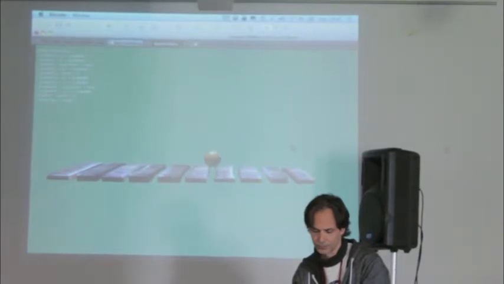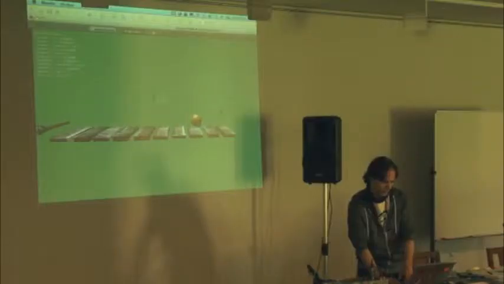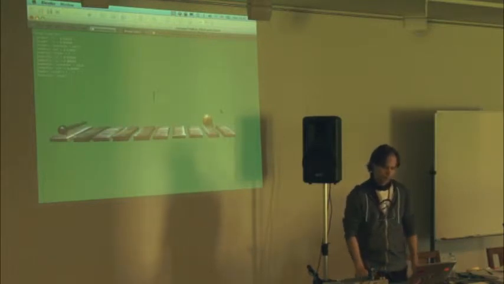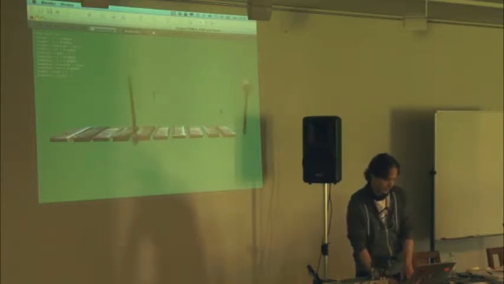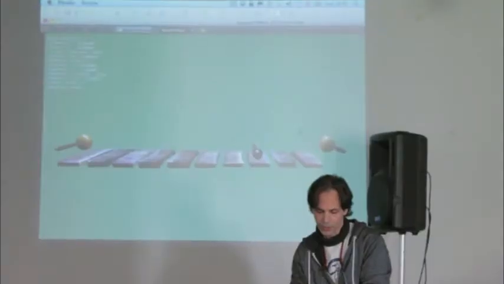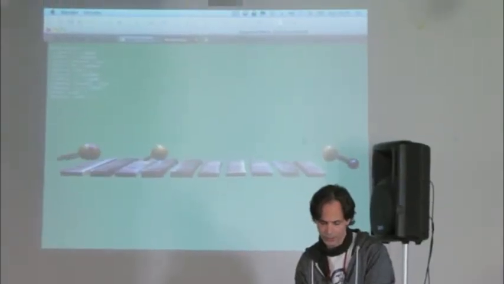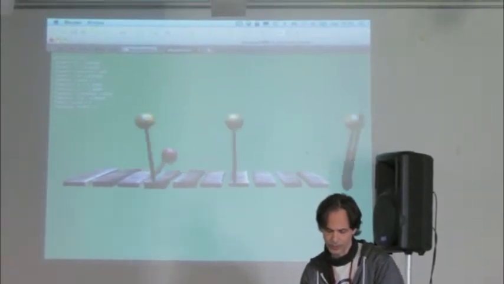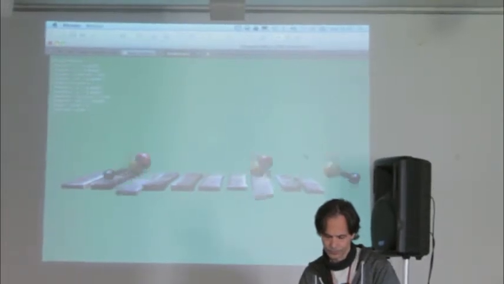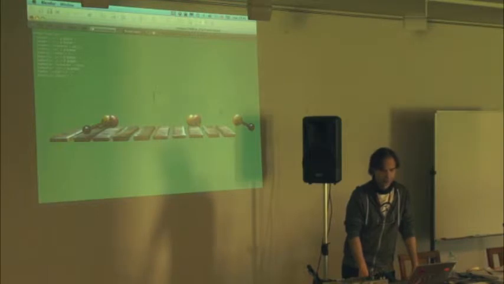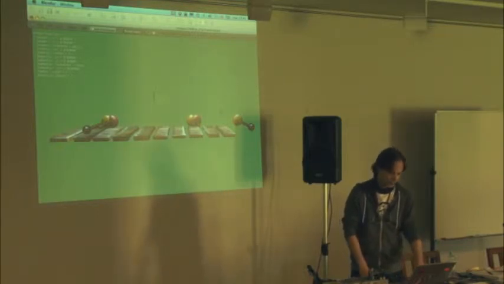Sound, or even gestures like this one. And you can do things that you might not be able to do with a normal instrument, which is to have a kind of clusters of... Okay, so that's the idea.